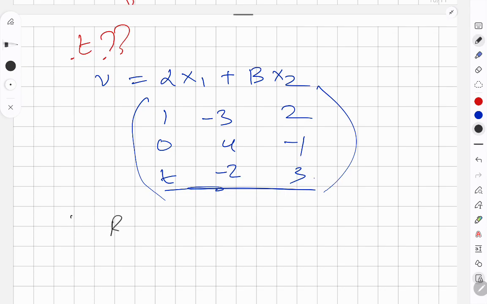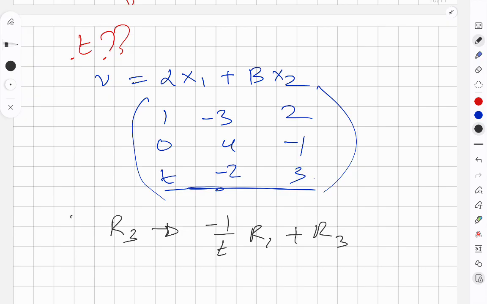You can do one thing: r3 equals, if you subtract this from this it is minus 6, then you can add 2 times this. I have to deal with this t first. If I do this, I can make this one 0. Minus 1 over t. But won't these become t's?